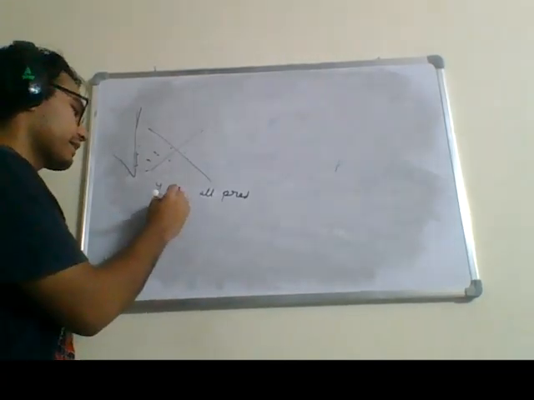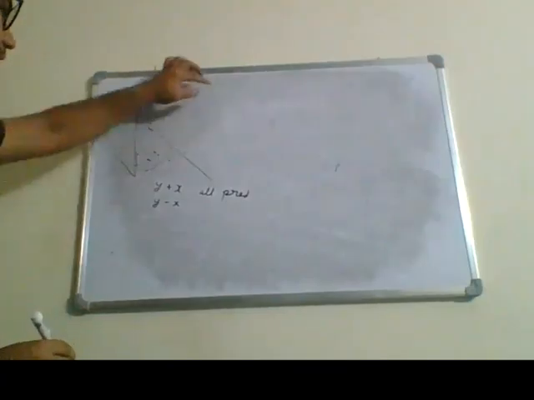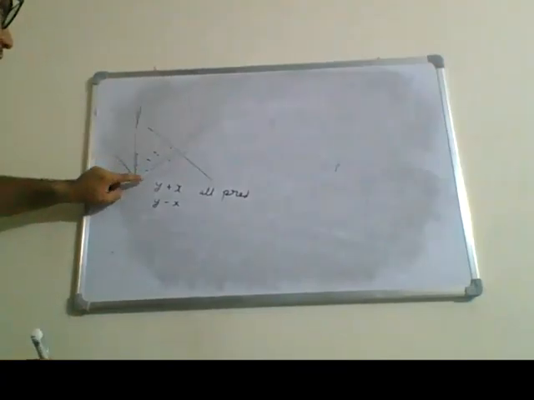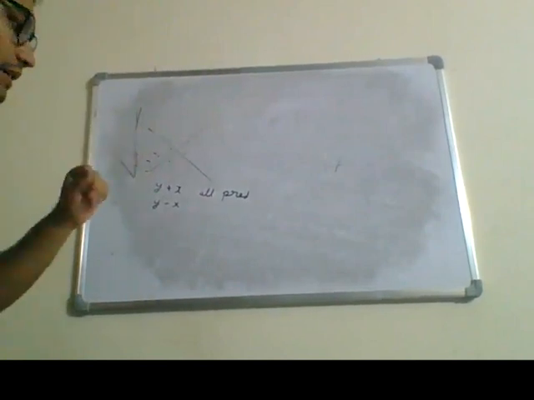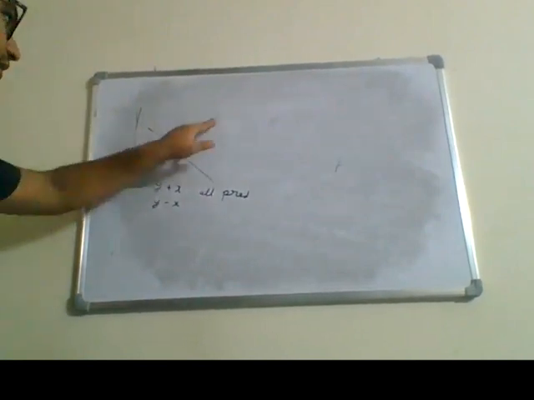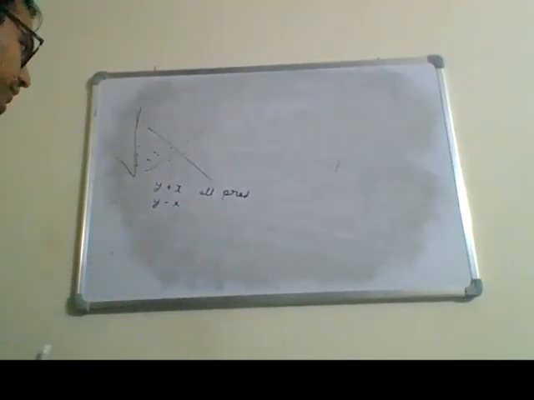And in y minus x, we go this way. (0, 0) has no predecessor, right? What about any other natural number? Let's say (1, 0). That also has no predecessor.